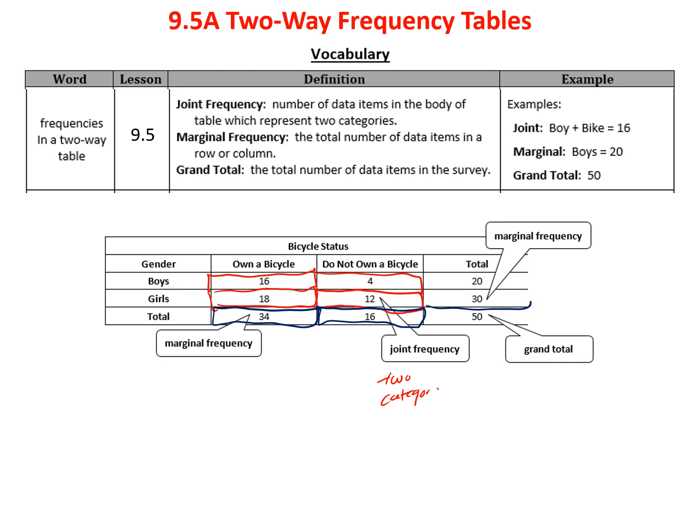Likewise over here, the total number of girls is 30 and the total number of boys is 20. That's the marginal frequency of boys or girls. So see how they're either the total of the column or the total of the row. Those are the marginal. And the last one is simply the grand total. How many people all together were involved in this survey?